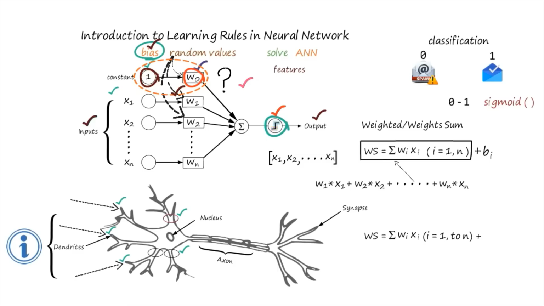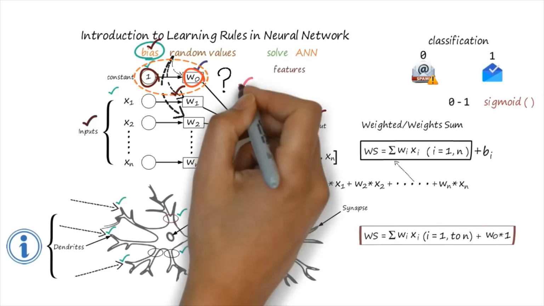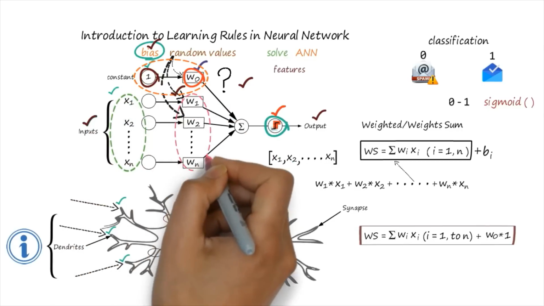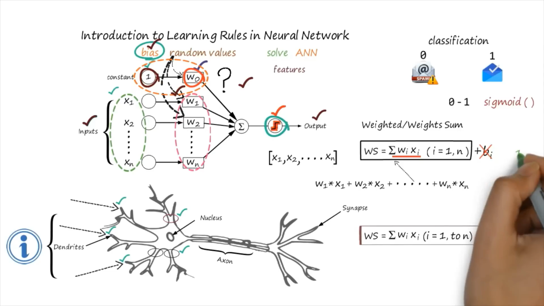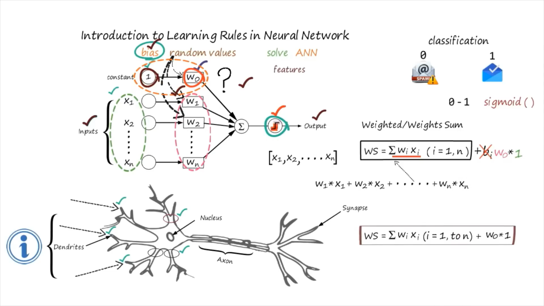Here the value of the bias term is 1 for our network, and the associated weight is w0. So this is the equation by which we can determine the output of our neural network that I have defined just now. This term will be treated as the weighted sum, and here instead of bi we know the value. It is 1 multiplied by w0. So this is the actual equation that represents this neural network.